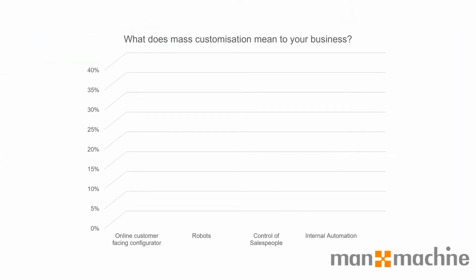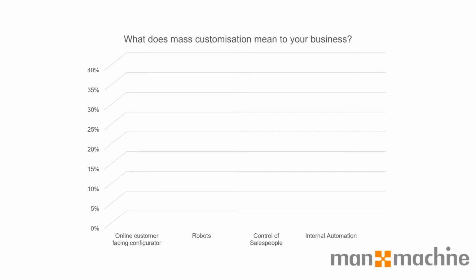Now, any of you that joined us on our virtual summit that I mentioned before and attended the session around what mass customization means to you, know that we asked at the start a quick poll. We asked the attendees to answer a question as to what mass customization actually meant for their business.